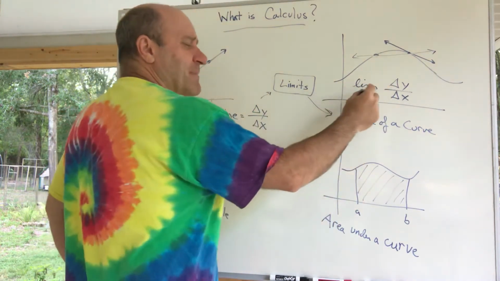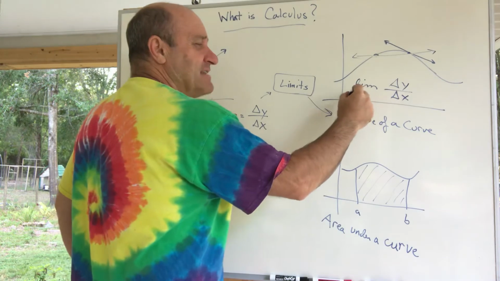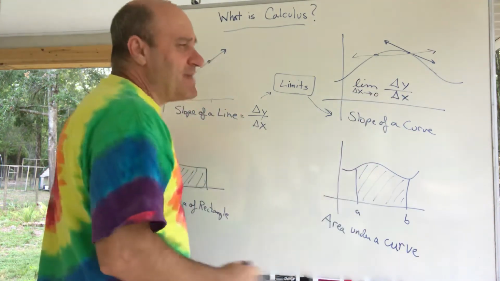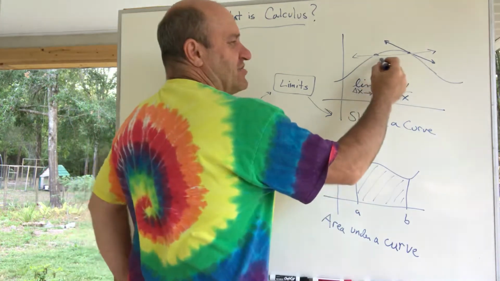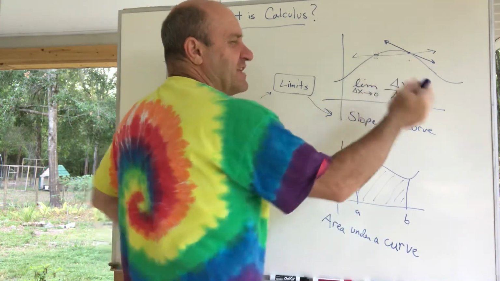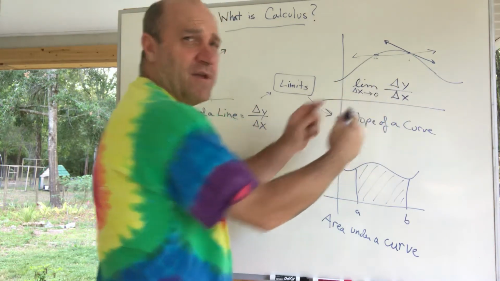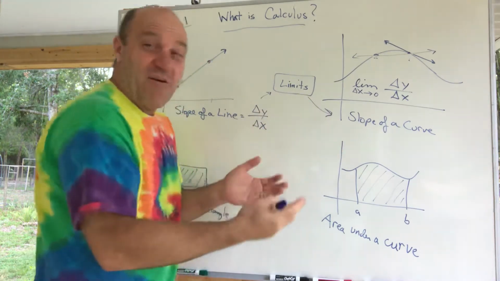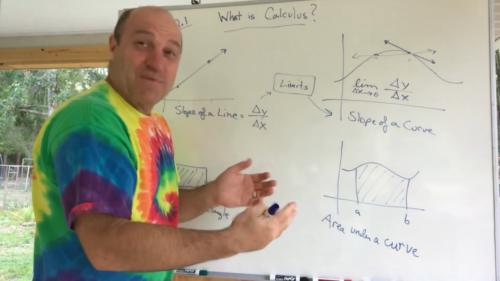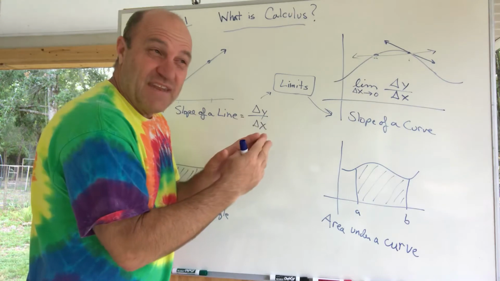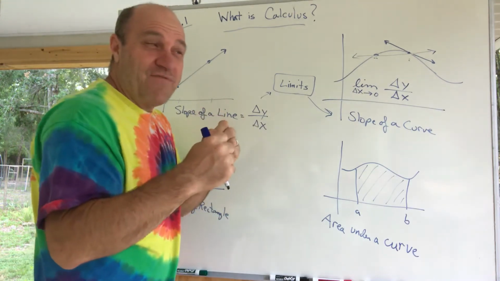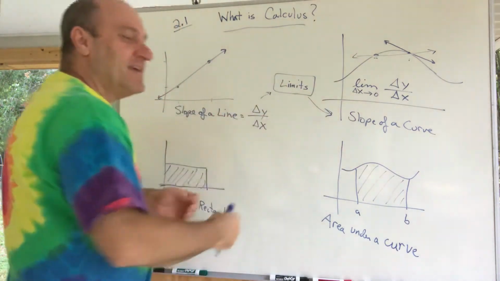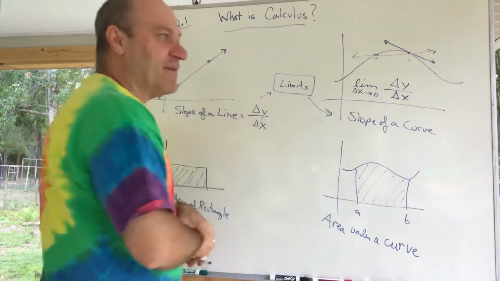But if I do the limit, LIM, as delta x approaches 0, what that means is this change in x between these points gets smaller and smaller and smaller. And we know we can get infinitely close. We can approach 0 without really getting there, right? In numbers, in theory, we can approach things infinitely. So using the power of infinity is kind of what takes us, in limits, from pre-calculus to calculus.